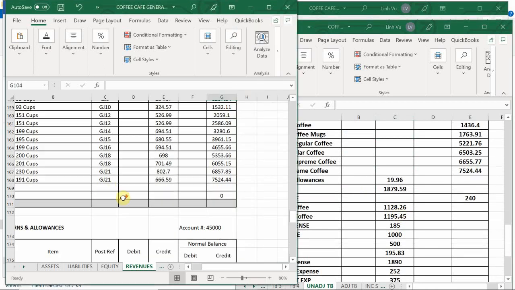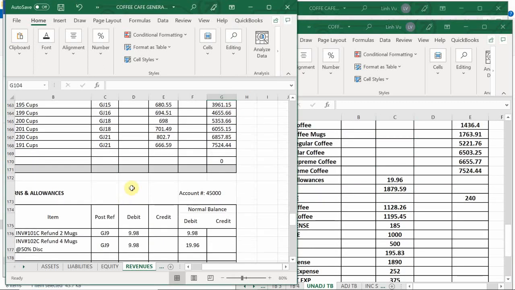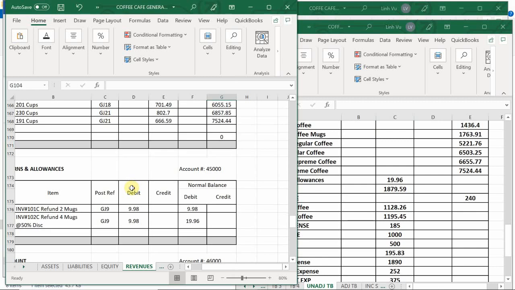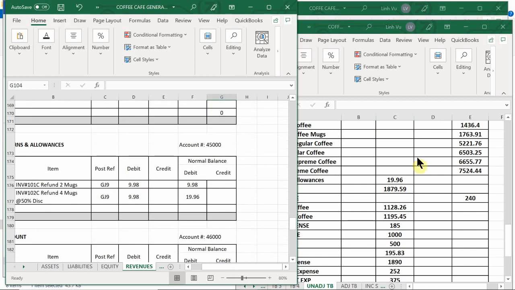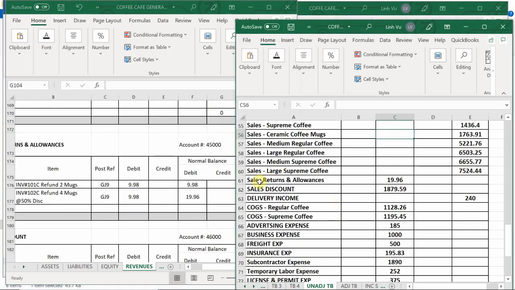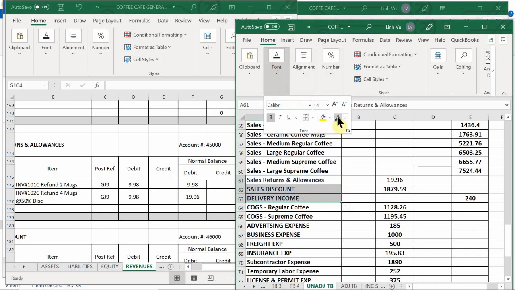So then we have to talk about sales returns and allowances. Sales returns and allowances is a contra account. You can choose to highlight this if it's a contra account. A contra account can be a main or sub account.